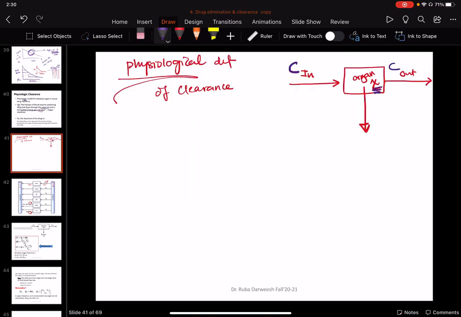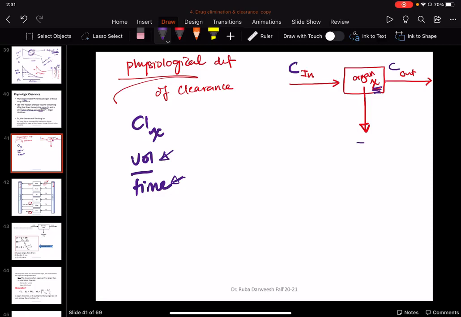Again, the clearance of that organ should be a volume per time, right? So it would be the fraction of the systemic circulation that contains the drug that is eliminated from that organ per unit of time.